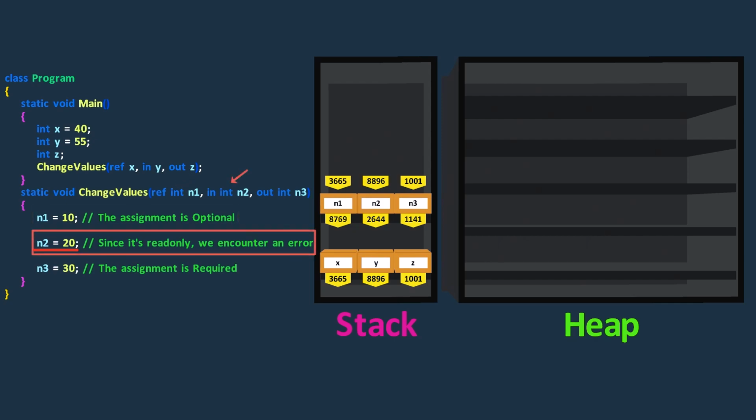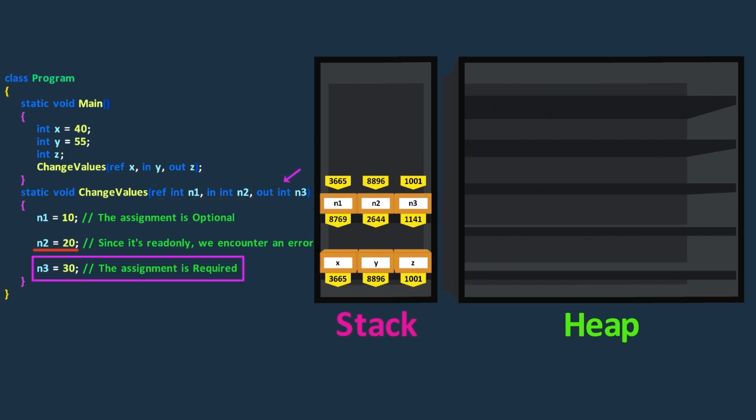Next, we have the in parameter, which ensures that the parameter cannot be modified within the method. It's useful when we want to provide read-only access to the parameter's value. We can make the ref modifier read-only to achieve the same result. These 2 modifiers are very useful when working with large value type data to avoid unnecessary copying of the parameter's value.